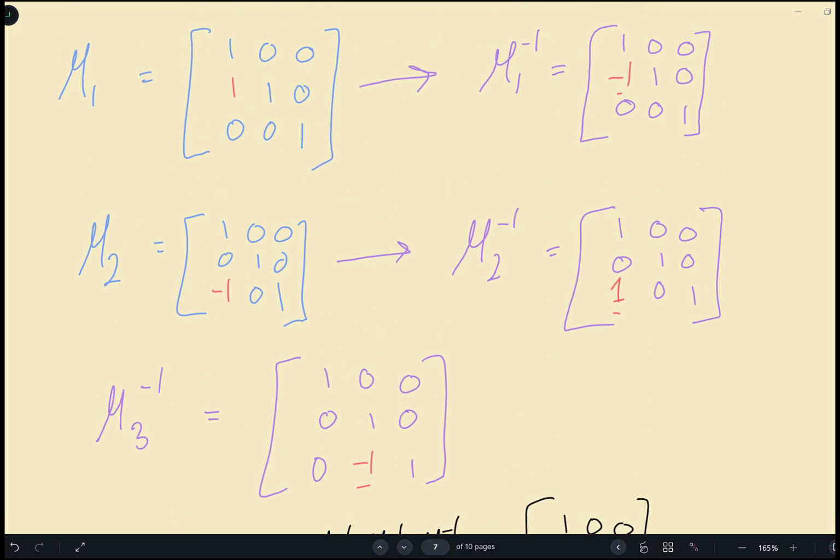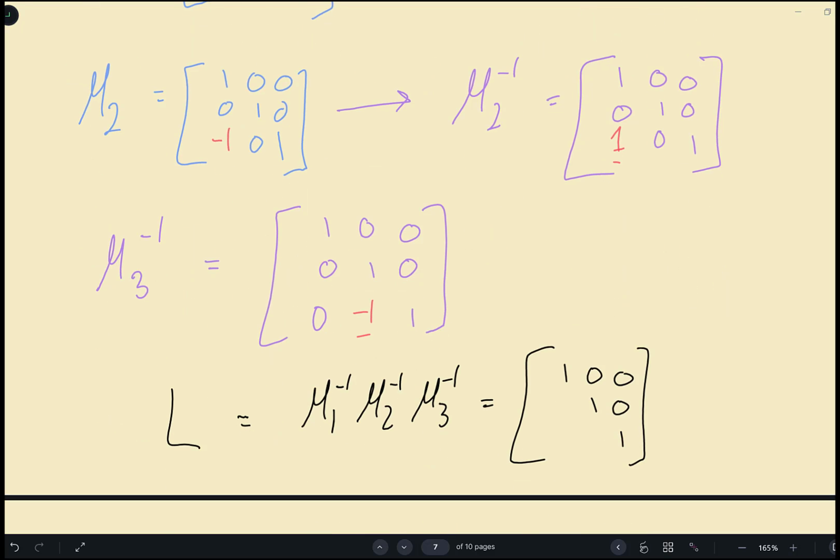This position has a -1, so we put a -1 here. This position has a 1, so we put a 1 here. This one is a -1, so we put a -1 here. And this would be basically the lower triangular matrix.